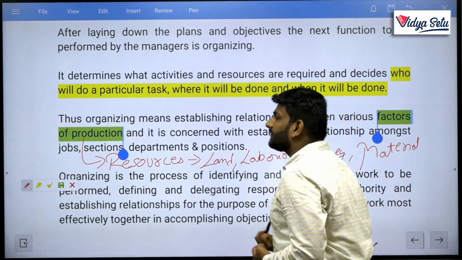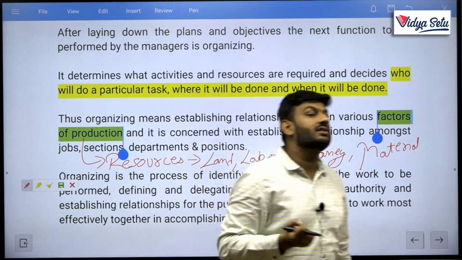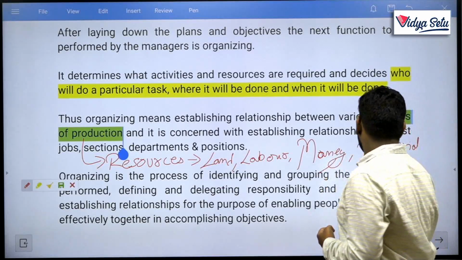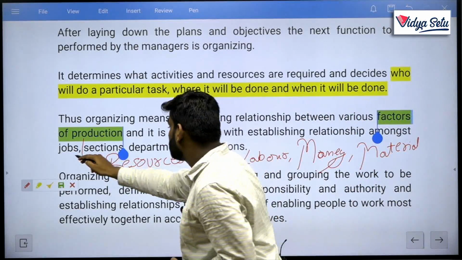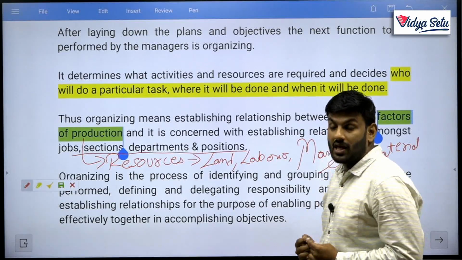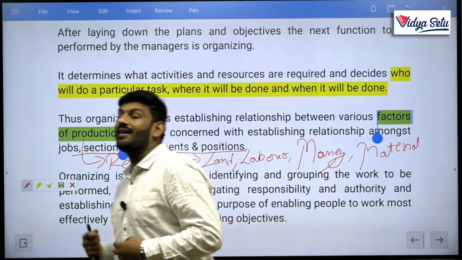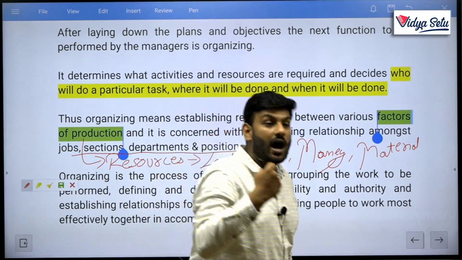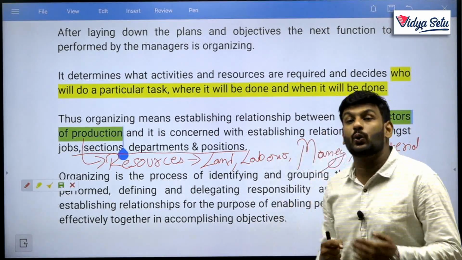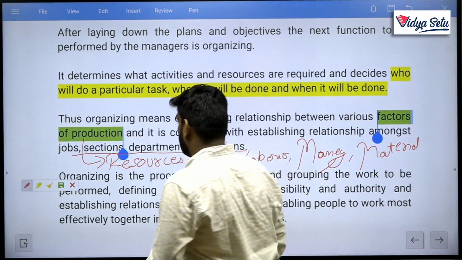So you need to allocate such resources amongst different jobs, sections, departments and positions, as in which department requires how much quantity of resources, or how many persons are required to do a particular job. Clear?